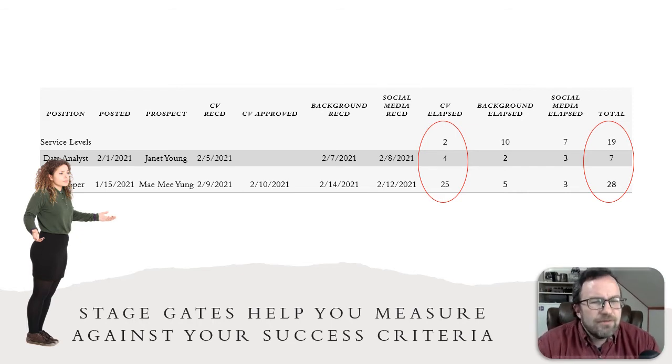Well, let's just say, for sake of argument, that the majority of the job postings we have are coming back within the 7 to 14 day range, and yet our service level could be 21 days. Does it need to be then? Can we tighten up that service level just because the data that we're getting from our stage gates is telling us that that's okay to do, and it's consistent, and it's giving us an opportunity to evaluate and adapt? This is the value of stage gates. They give us that opportunity to stop, think, and change.